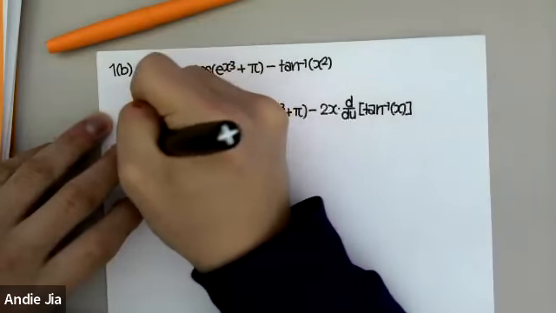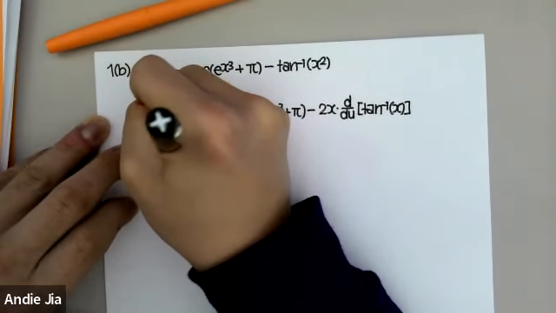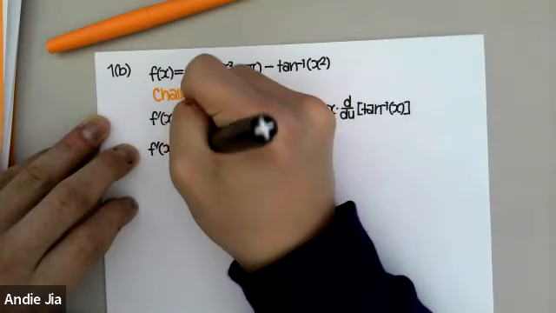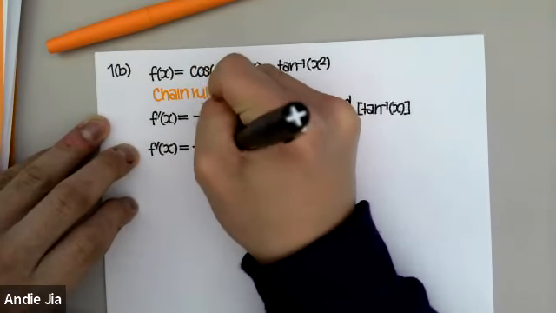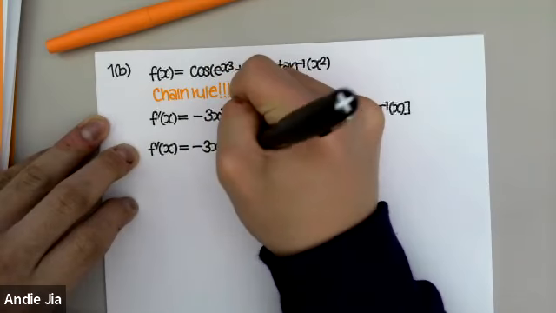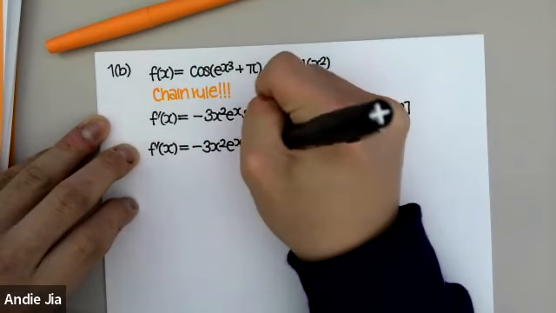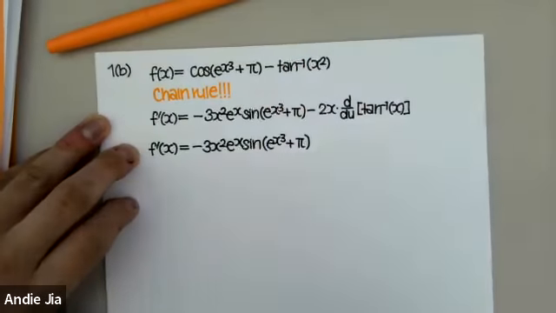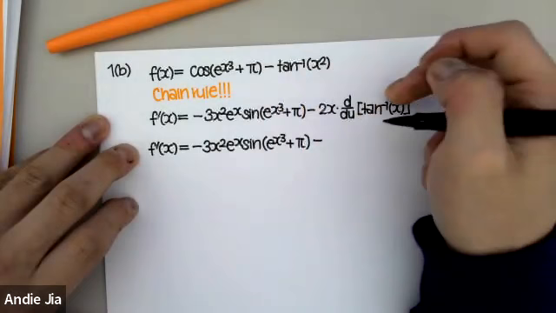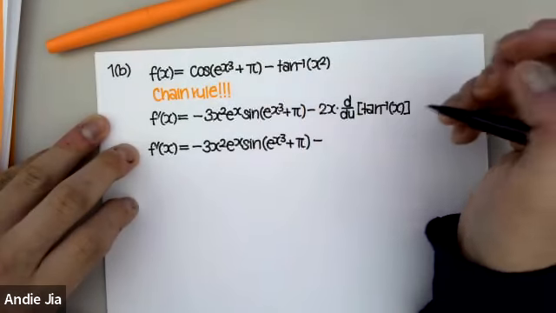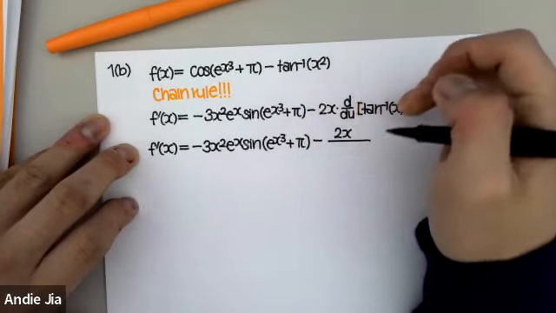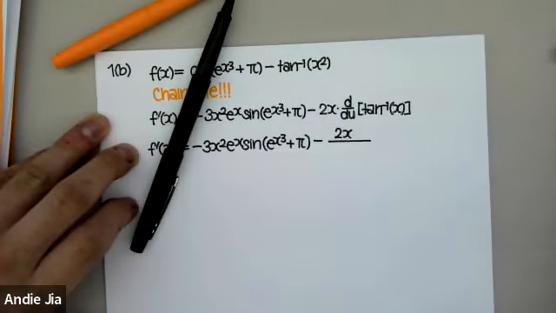And then just compile the whole thing here: minus 3x squared e to the x cubed sine of e to the x cubed plus pi, and minus 2x over x squared to the 2 plus 1.